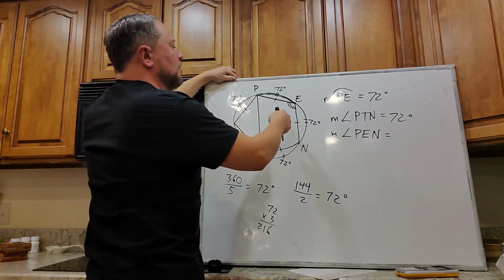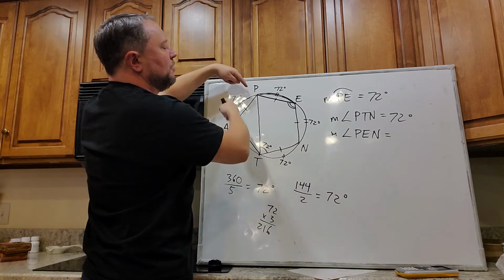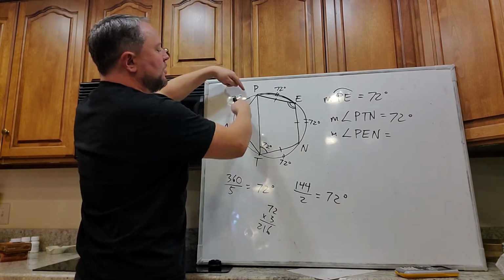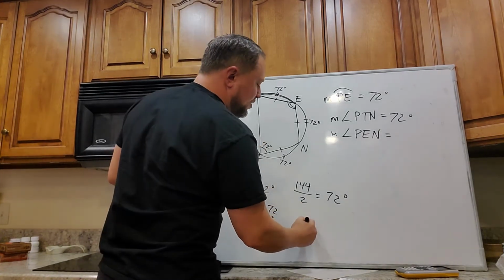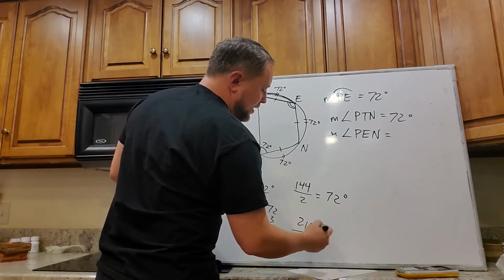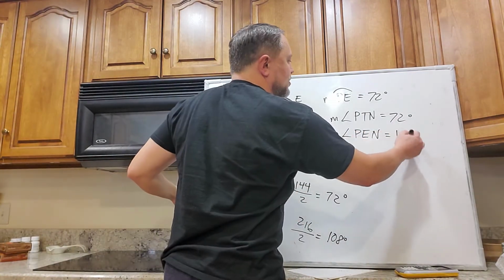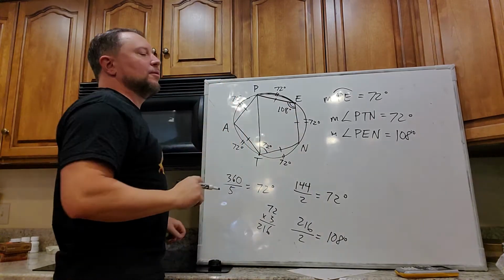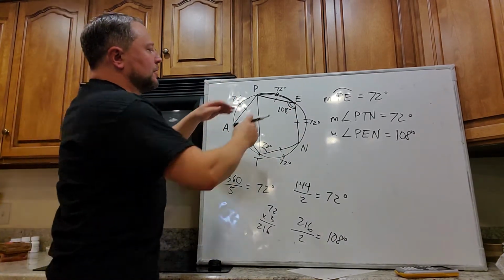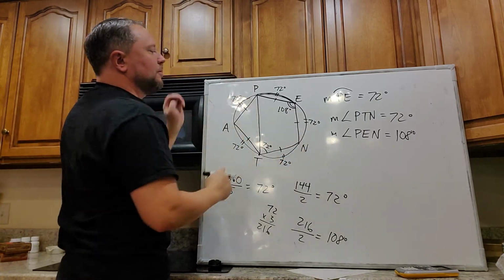But again, remember, the inscribed angle is only going to be half of the arc. So if that full arc of 3 72s is 216, half of 216 leaves me with 108 degrees. So this turns out to be 108 degrees, because 108 would be half of 72 times 3.